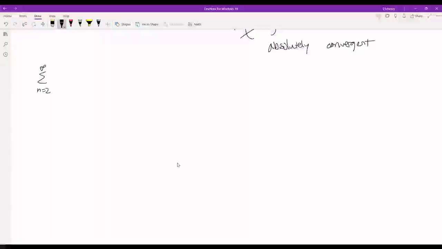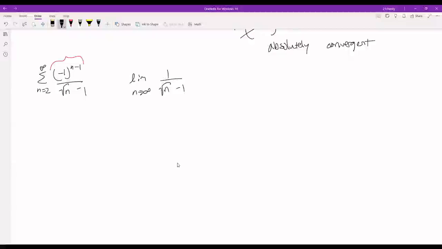The sum from n equals 2 to infinity of (-1)^(n-1) over the square root of n minus 1. So again, this section, the (-1)^(n-1), tells me that this is an alternating series. So we'll just take the limit as n approaches infinity of the rest of the expression, 1 over the square root of n minus 1.